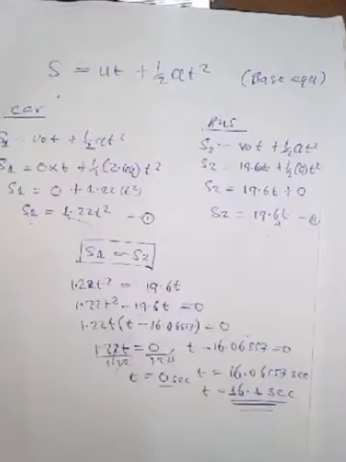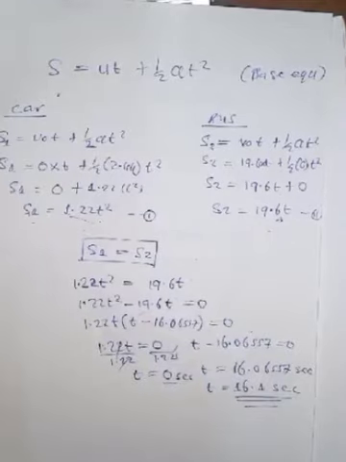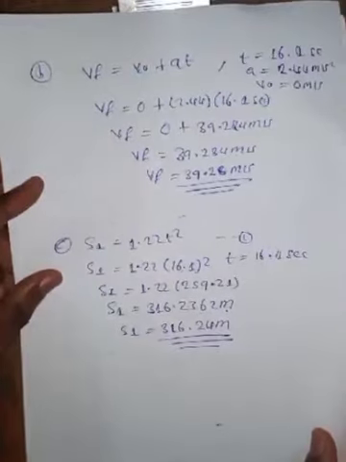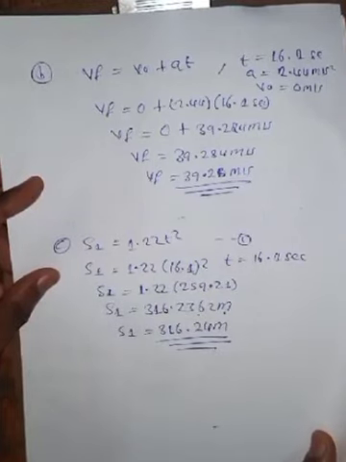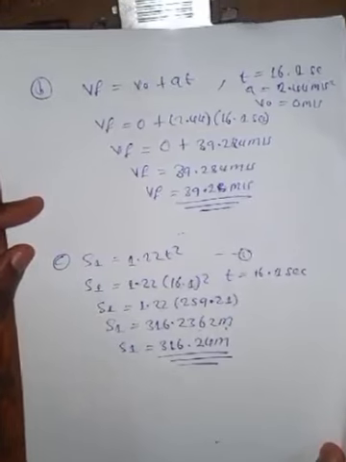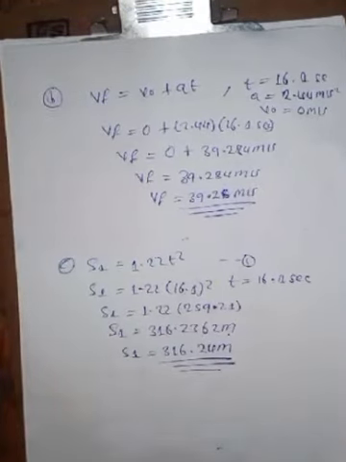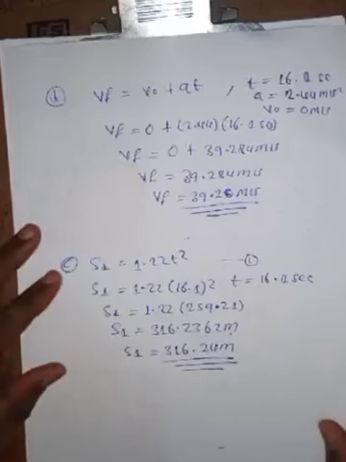Otherwise, the answer is still the same. So the car had to overtake the bus at 316.24 meters within 16.1 seconds. Okay, and the final velocity of the car was 39.28 meters per second.